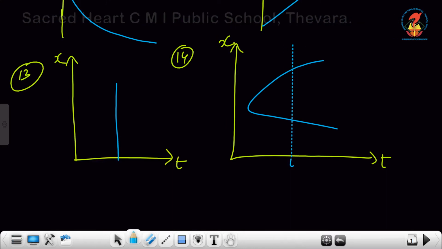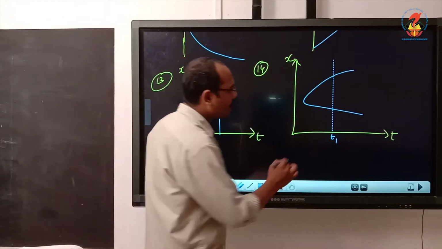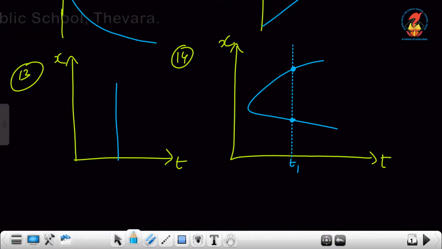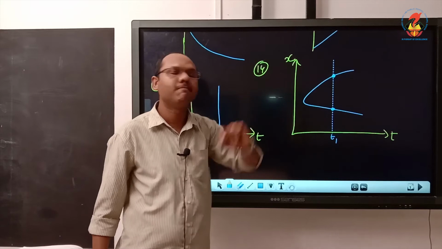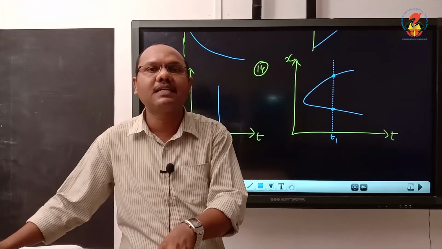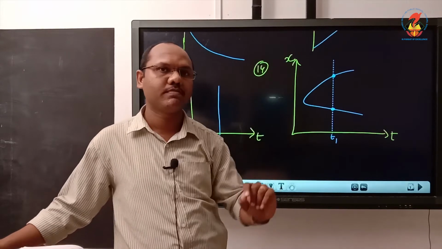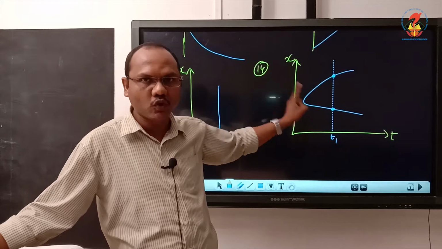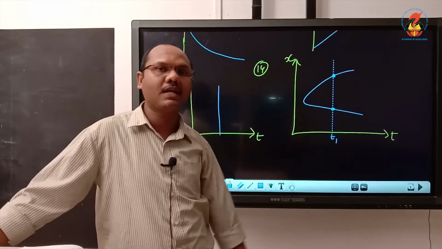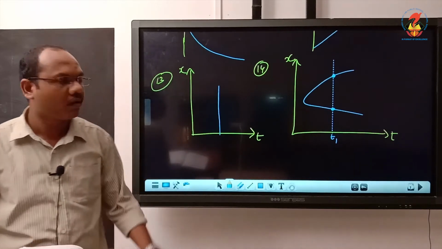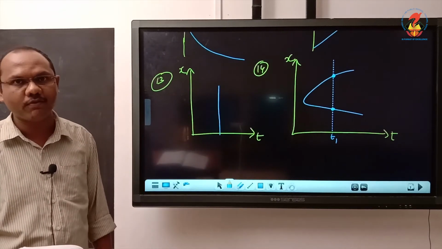When I put a dotted line and I mark T1, you just see at the time T1, body is having two positions, here and here. That means I am staying in this classroom and at the same time I am staying in the other classroom. It is not possible. So here the body is having two positions at one particular time, which is not possible. So that's all about the position time graph.